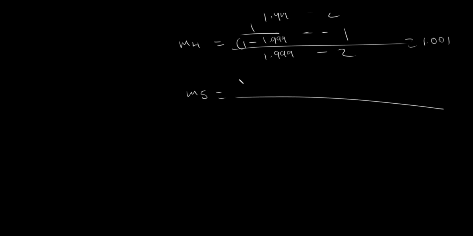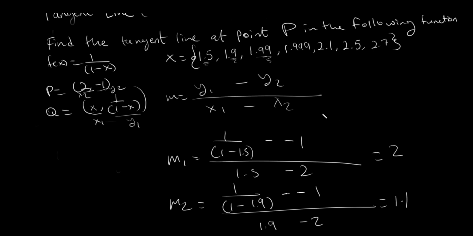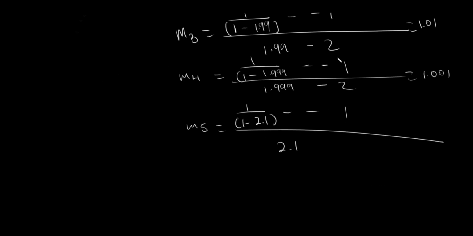So let's do the fifth one. 2.1 minus 1 over 2.1 minus 2. Just gotta mark it here. We have done this, we have 2 more to go. Oops, this is too big.